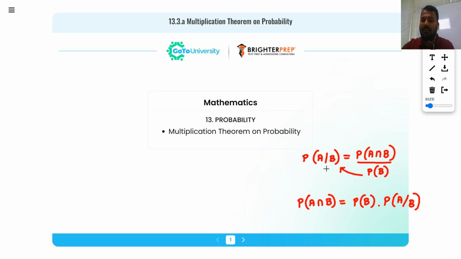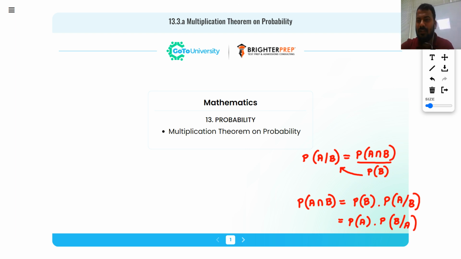Or you can take it the other way: the probability of A times the probability of B given A. It means if you take the probability of the first event, then you multiply the probability of the second event given the first event has already happened. And if you take the probability of the second event, you multiply the probability of the first event given the second event has already happened.